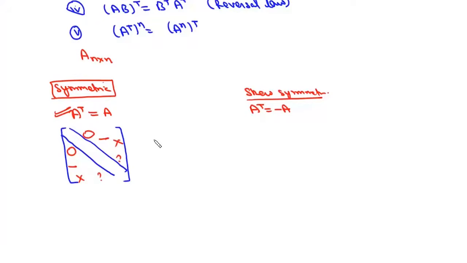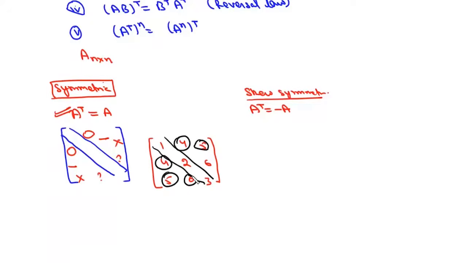Say for example, suppose we have this 1, 2, 3, and then we have 4, 5, and suppose 6. Now if we look at these elements across the diagonal, this 4, this 5, and this 6, all of them are symmetric across this diagonal. So it is a symmetric matrix.